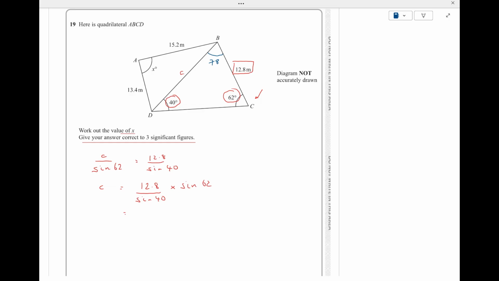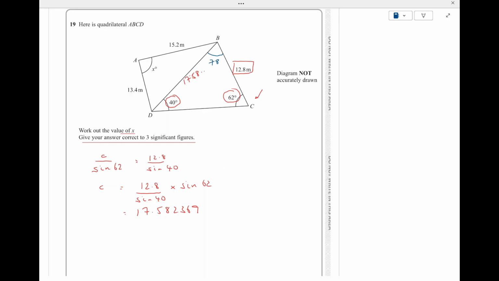And so now I can work out what c is. 12.8 over sine 40 times by sine 62. Okay, so I'm going to write down enough decimal places so that I don't cause a rounding error. There we go, that'll do. So now I know that c here is 17.58 and so on.